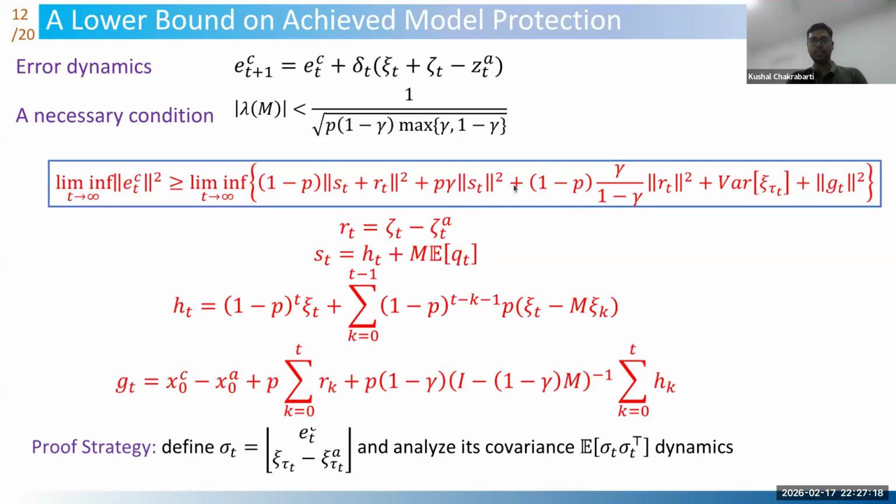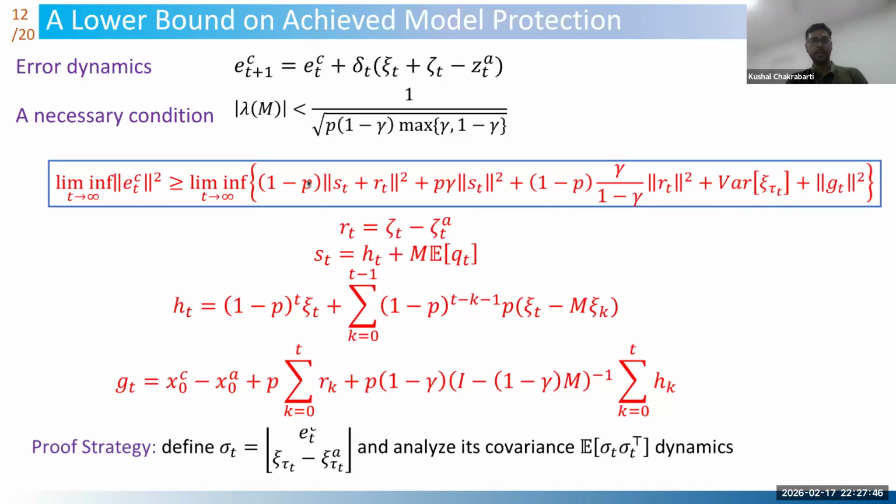For example, p and gamma are already there, and the influence of p and gamma is intuitive and very simple from the expression. But the difficulty is that it does not explicitly tell you how these other variables, like the model mismatch or the increment by the client, exactly affect this lower bound of the protection.